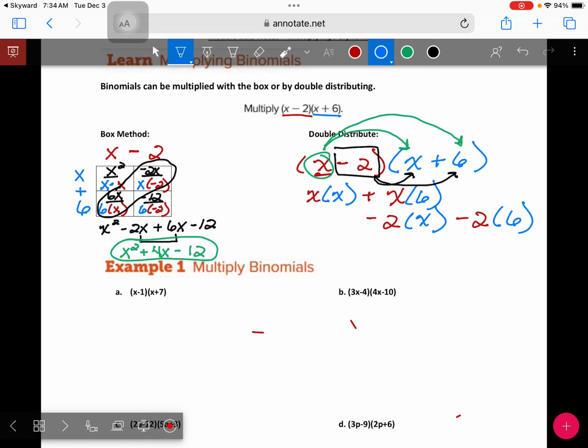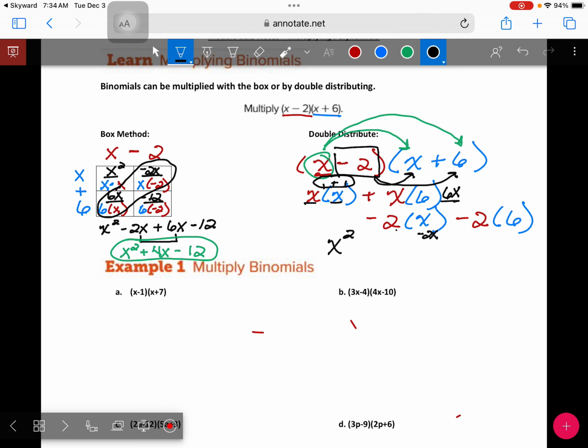Okay? So now I'm going to look at these, and I'm going to say x times x is x squared. Remember, you keep the base, add the exponents. I have here x times 6, that is 6x. Here I have negative 2 times x, which is negative 2x.